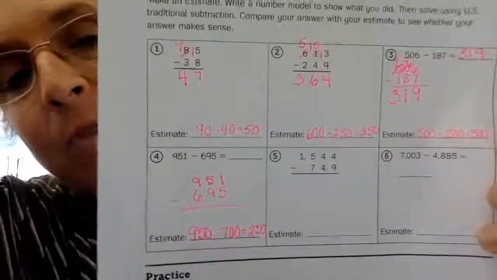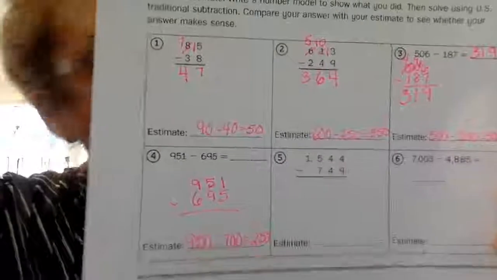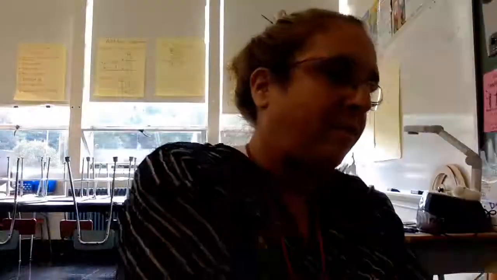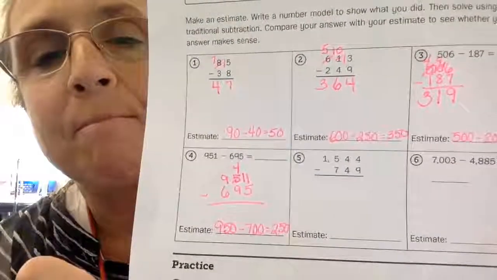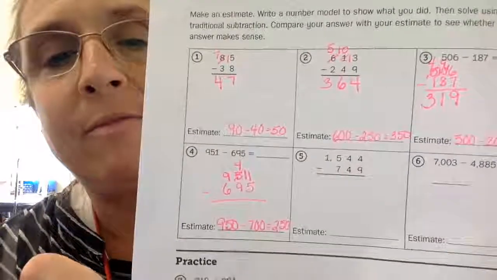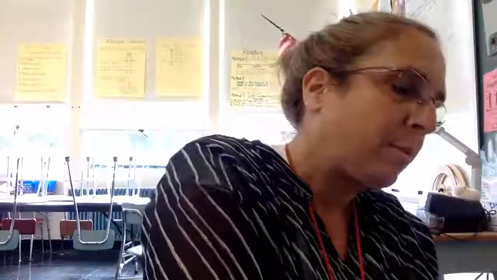So I can't take 5 ones from 1 one, so I have to borrow from the 5, leaving 4 tens and 11 ones. 11 minus 5 is 6.